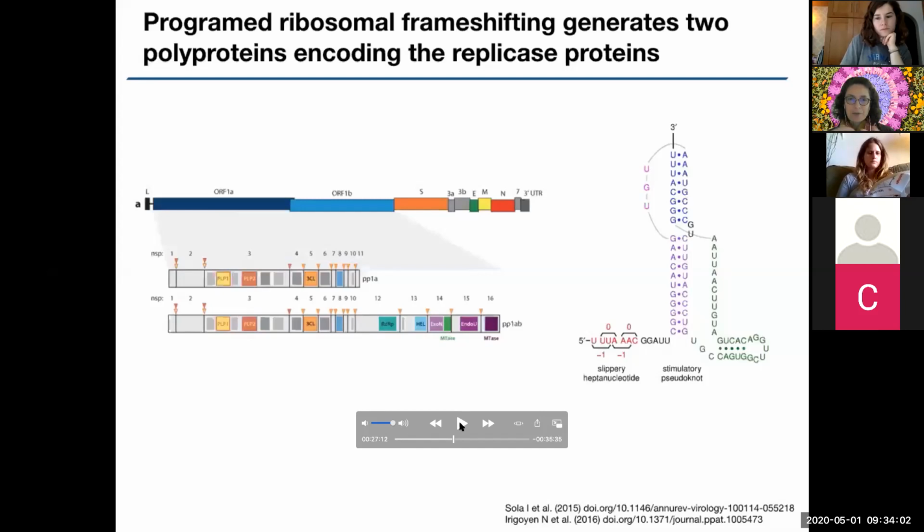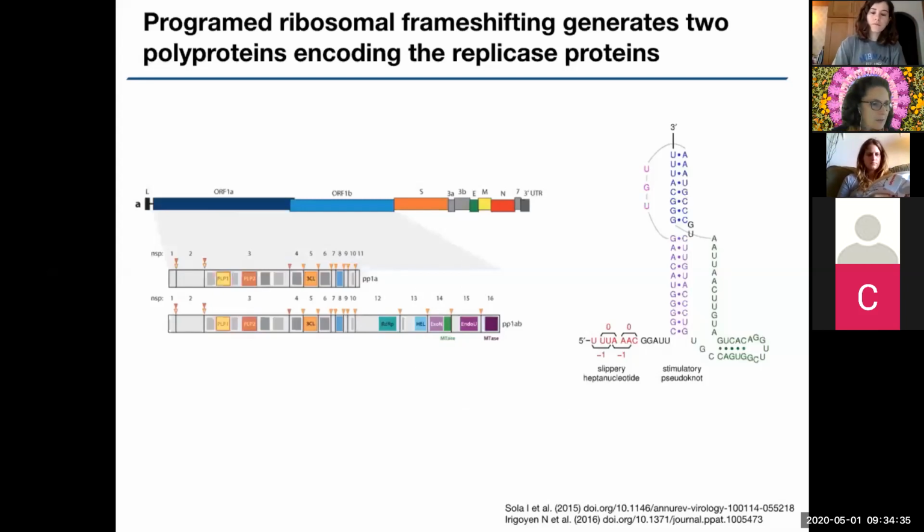It's really a kinetic phenomenon, and it just has to be good enough. So there's probably variability from cell to cell and from viroid to viroid in what the exact number of versions of PP1AB are translated versus PP1A. And as long as there's enough of the proteins that are encoded by this longer version of the polyprotein made, then it all works out.